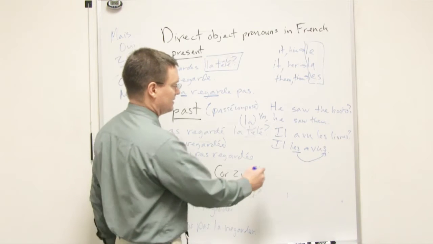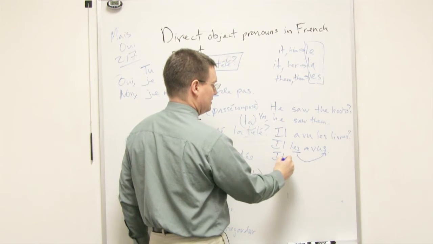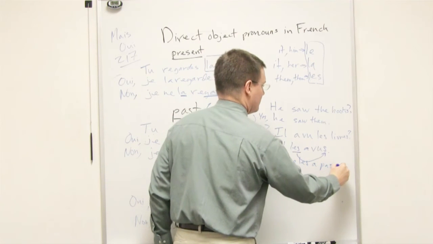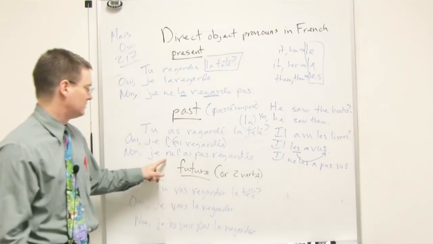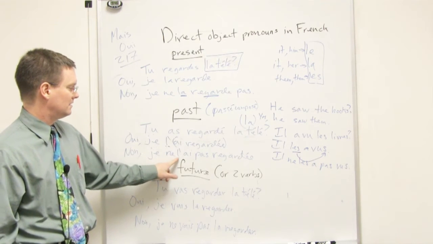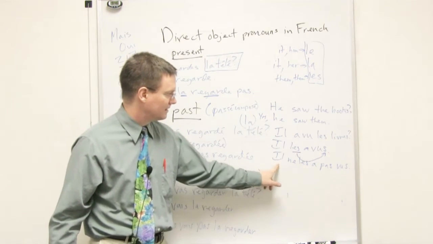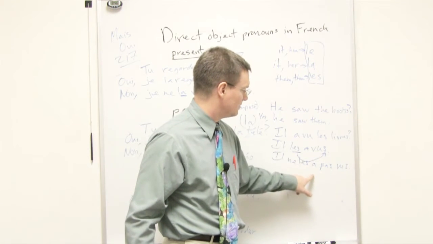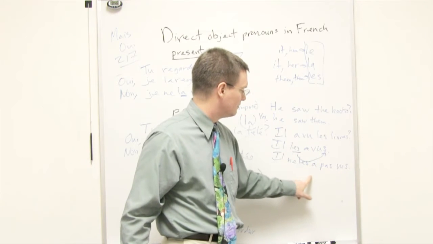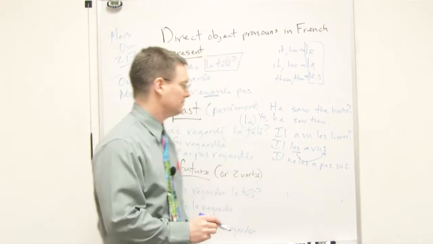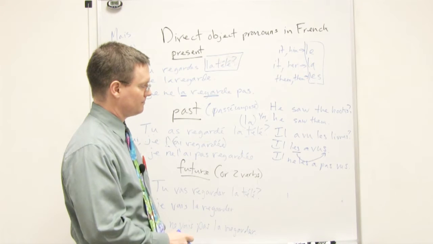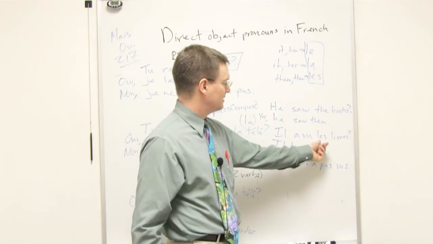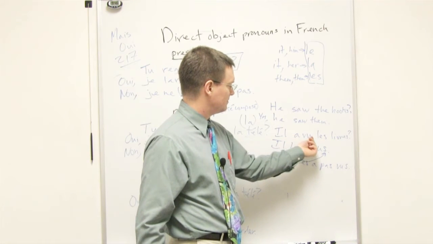Now if I want to negate this, he didn't see them. Il ne les a pas vus. Notice here how similar that is to this. Il ne les a pas vus. Exactly the same structure. Except for this, there's an S here. We just have to change this little spelling thing here because this is still masculine plural and it still precedes the verb. Okay, notice here you still have a direct object here, but notice the direct object here doesn't precede the verb like it does here.